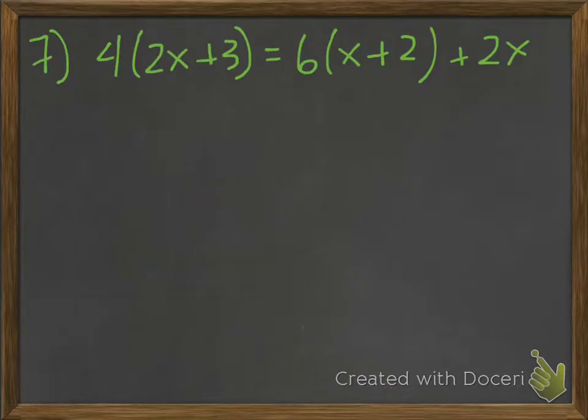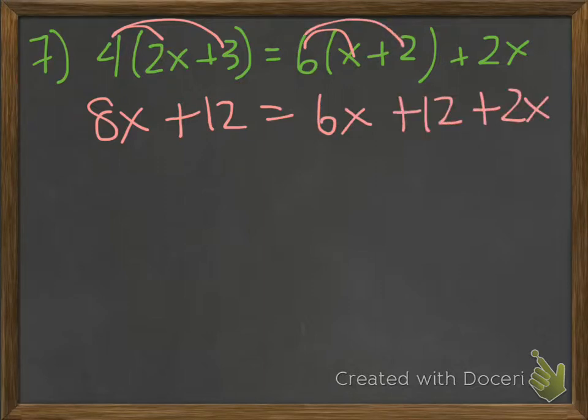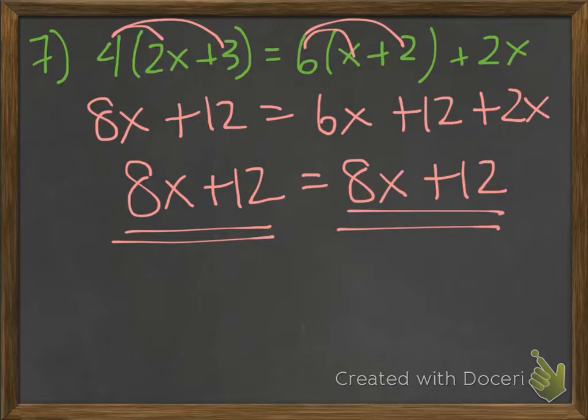And our last example. So we have 8x plus 12 equals 6x plus 12 plus 2x. Combining our like terms on the right-hand side, 6x plus 2x equals 8x. And you'll see that 8x plus 12 equals 8x plus 12.